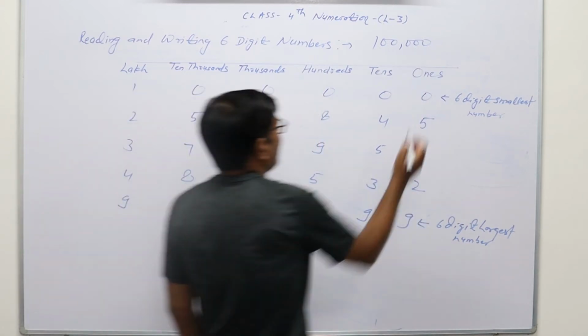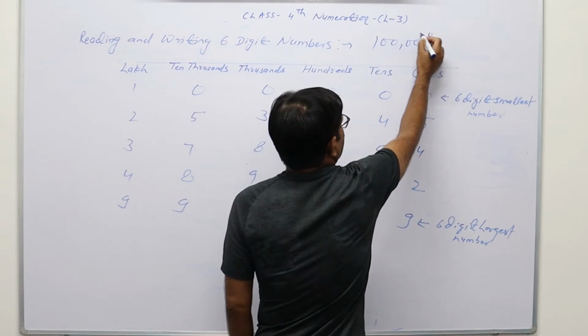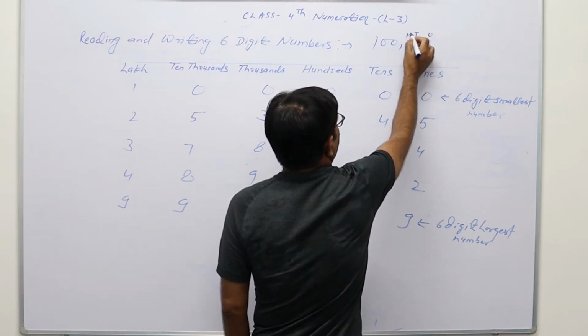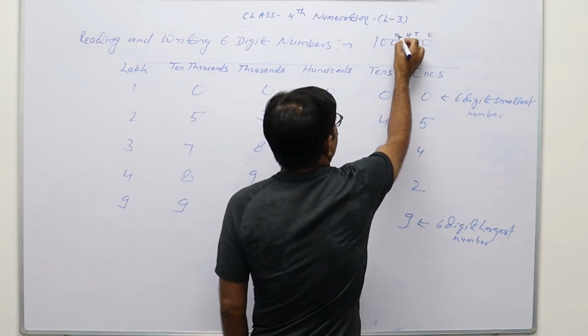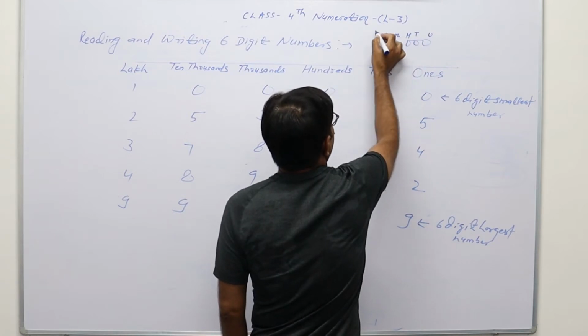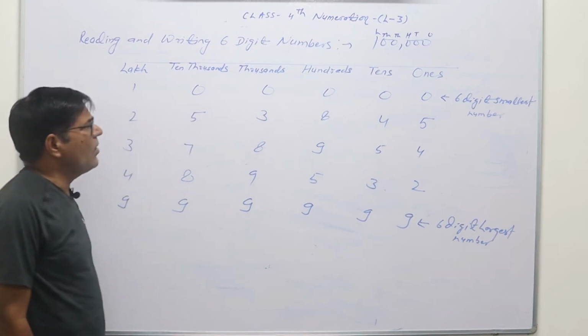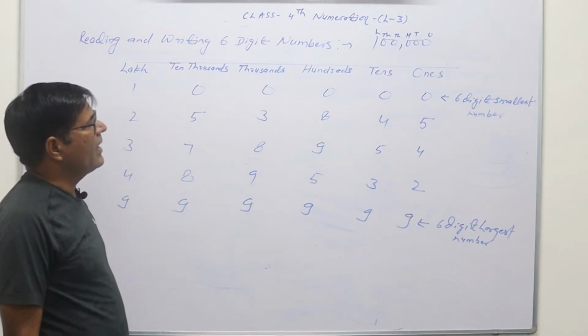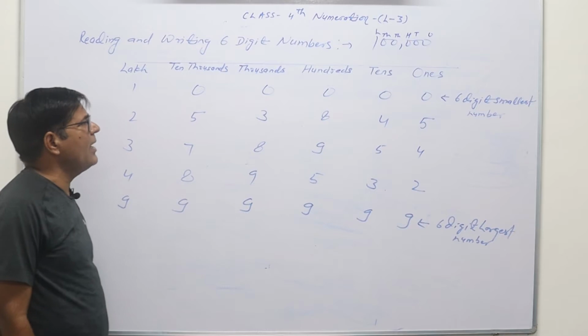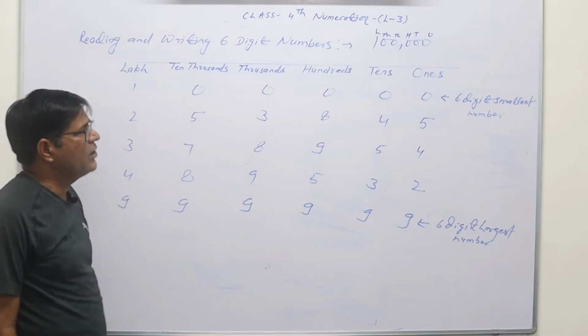From the right-hand side, this is ones, this is tens, this is 100, this is 1000, this is 10,000, and then this one is lakh. So at the place of lakh, the digit is 1, and at all other places the digit is 0.